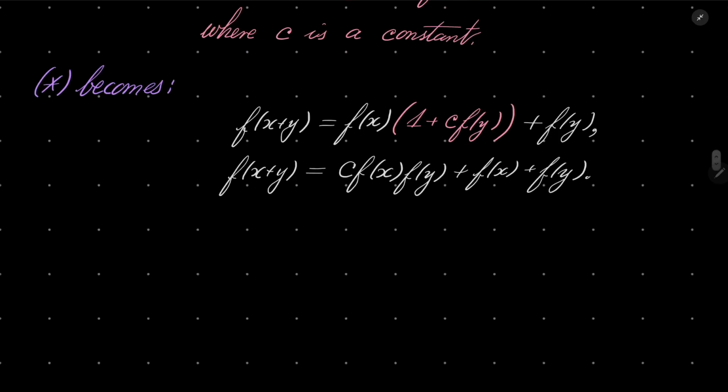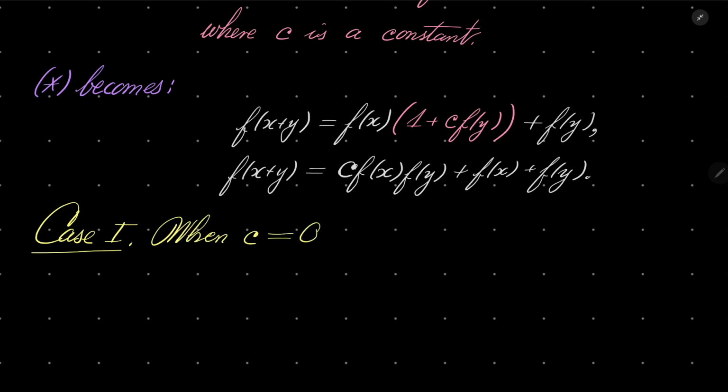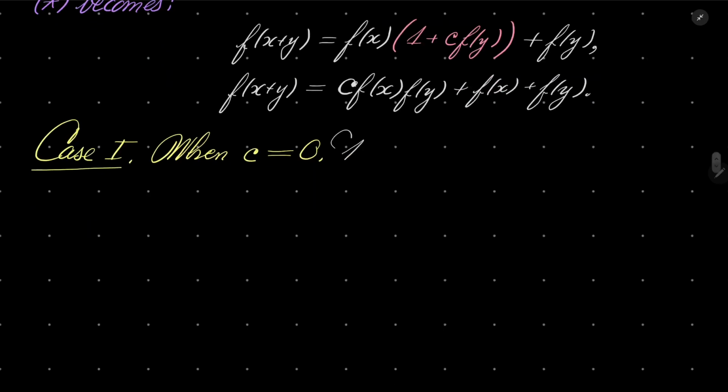Very nice. And now our reasoning will break into two separate cases, depending on whether c is 0 or non-zero. Case number 1 will be easier, so let's start with it. Case number 1, when c is 0. Well, then f of x plus y equals f of x plus f of y, and this is exactly the Cauchy functional equation.